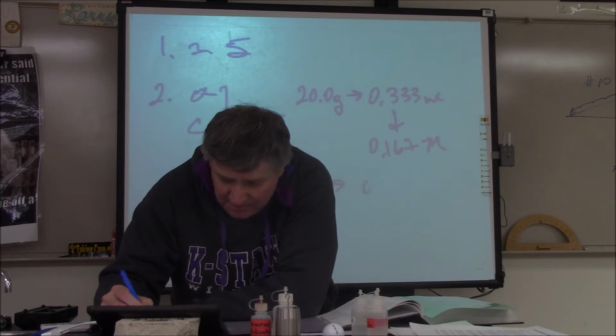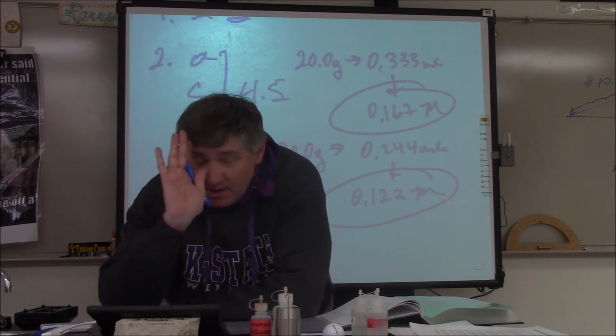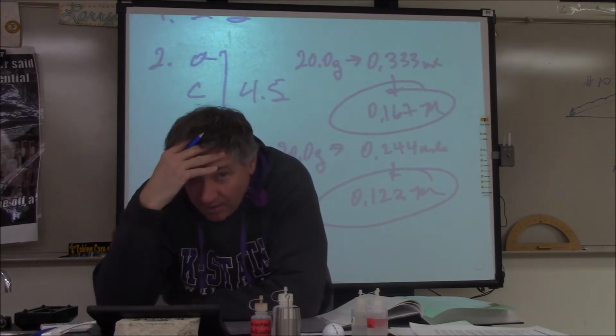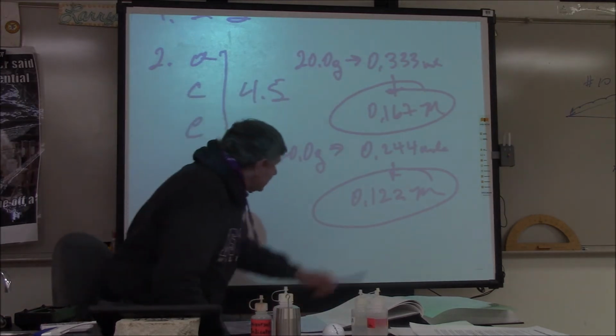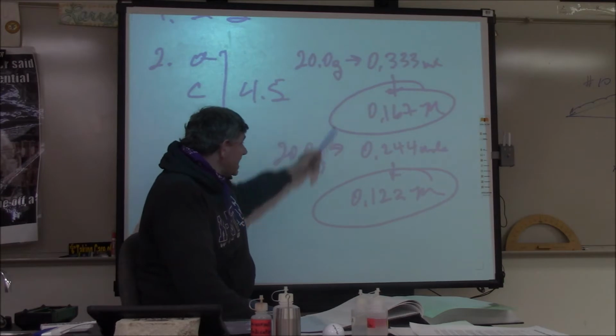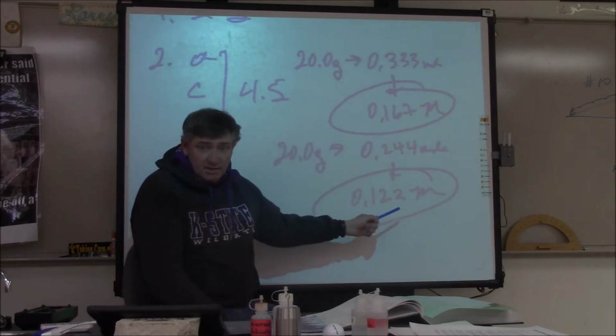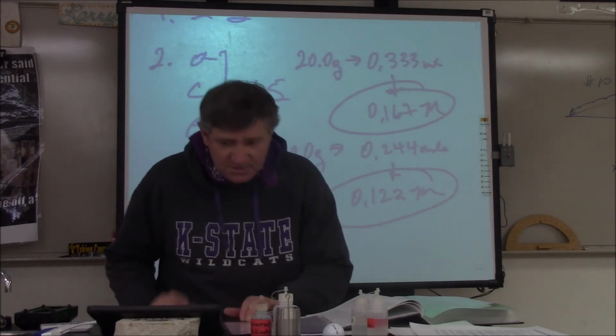That's going to be 0.244 moles, which is going to be 0.122 with the molarity. Because if those numbers are wrong, the entire problem is wrong, okay? So here's what you've got. Here's the molarity of those 2 liters of your acetic acid. Here's the molarity of the sodium acetate, because that's going to be a buffered solution.